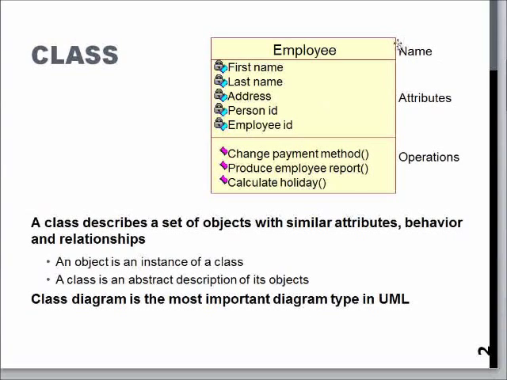Each class has a name, which is given in the first section of the definition, attributes, which are given in the next, and operations, which are given in the last block. First the name, then the attributes, then the operations.